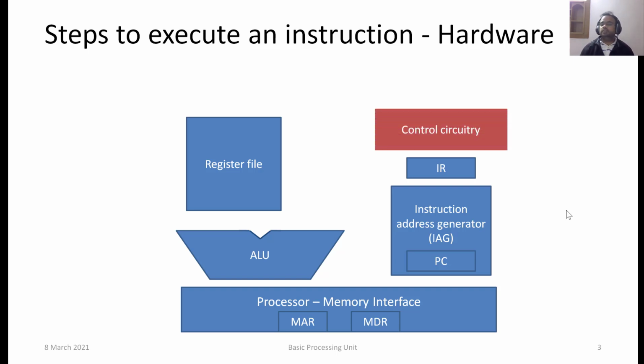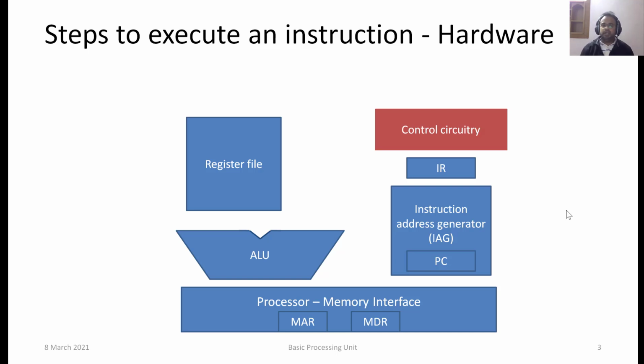In addition, we have the control circuitry which would drive all the required signals among these different logic blocks so that the proper execution of an instruction would take place.